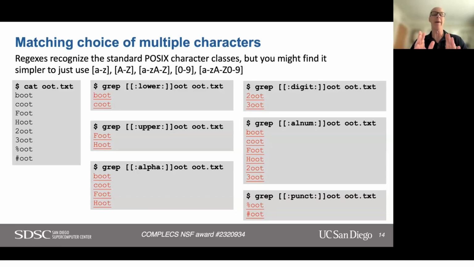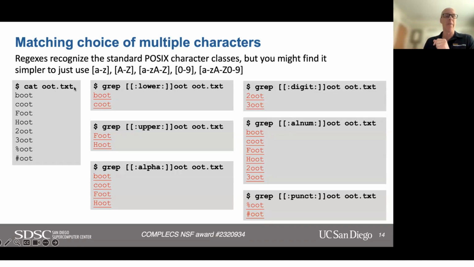Regular expressions recognize the standard POSIX character classes, but sometimes you may find it just easier to use square brackets, A through Z, capital A through Z. You can see in the next example here, lowercase a hyphen lowercase z, uppercase A hyphen uppercase Z. When we define these character classes, we could actually specify multiple ranges within those square brackets. 0 through 9, and then finally in the last example, we look at all of the alphanumeric characters: lowercase letters, uppercase letters, and digits 0 through 9.